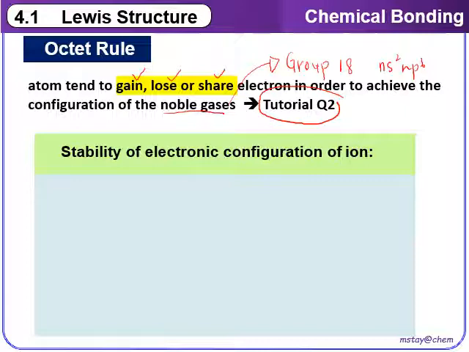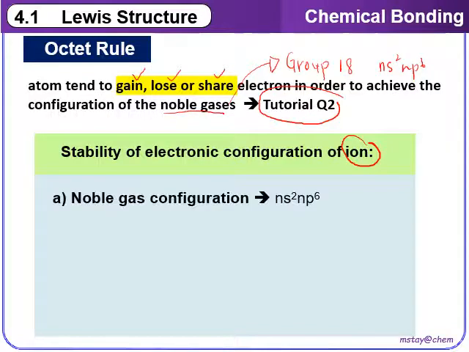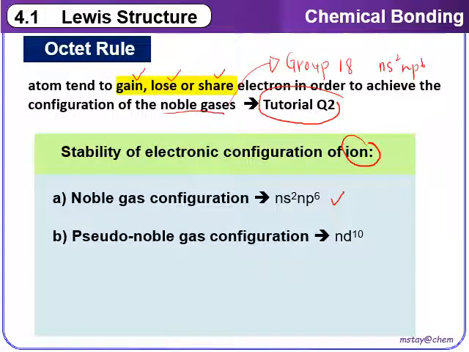Next is the stability of the electronic configuration for ions, because mainly when an atom gains or loses electrons, it will become an ion. Mainly there are 4 types of stability. First one is the noble gas configuration, which always ends with ns2 np6. The second is the pseudo noble gas configuration, which always ends with nd10.